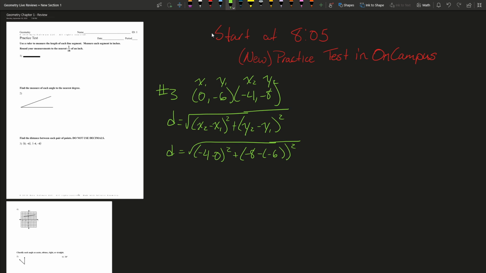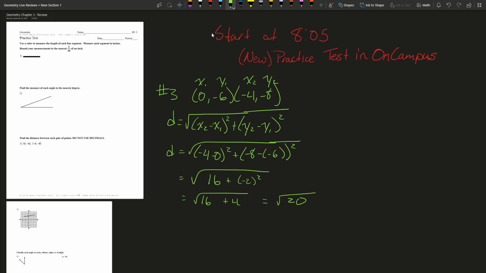When we simplify that, -4 times -4 is 16. -8 plus 6 is -2, so -2 squared. So we get the square root of 20.